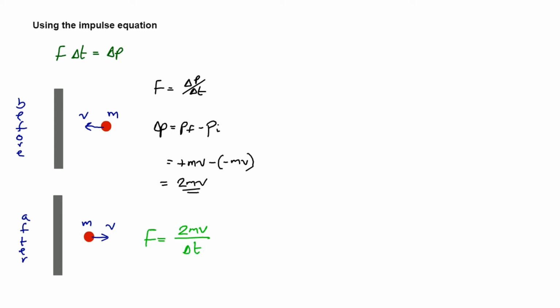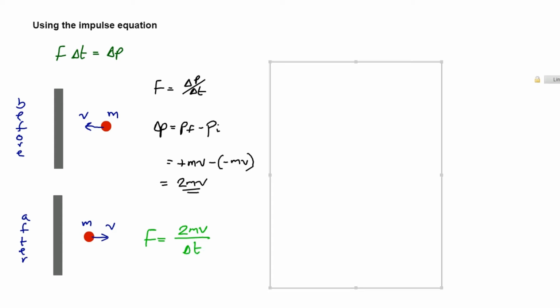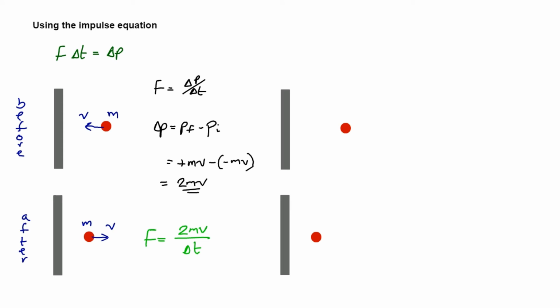Let's just do it with some numbers, because it always makes life a little bit easier to put in numbers and see what's going on. So we'll repeat the whole thing now, and let's say it's going at 2 meters per second towards the wall, and it has a mass of 0.2 kilograms, and then bounces off exactly the same, 2 meters per second, and it has a mass of 0.2 kilograms still, of course. And we can just do the same process.